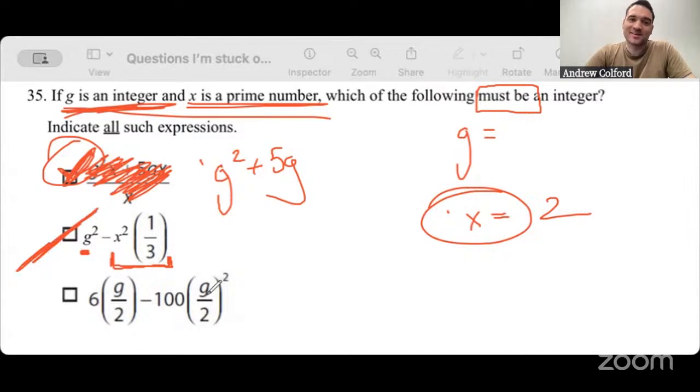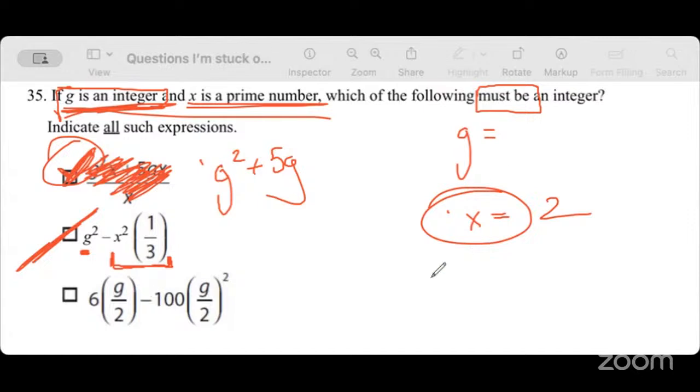Well, now let's look at this one. The only thing about G is that it has to be an integer. Could you come up with a number for G where G over 2 is not an integer? One.